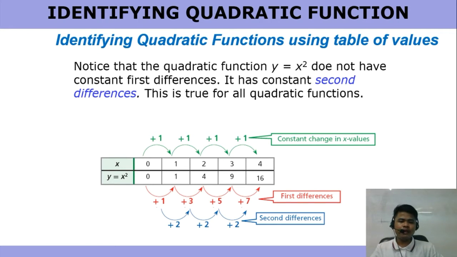When it is a quadratic function, the second differences are constant. Again, when it is a quadratic function, the second differences of the y values are constant. This is true for all quadratic functions. If the second differences are not constant, it is not a quadratic function.